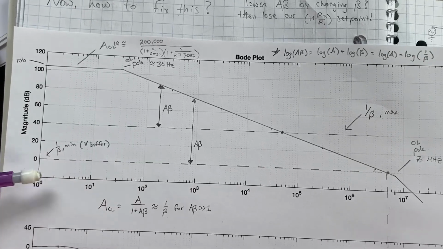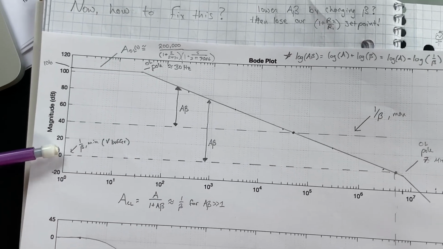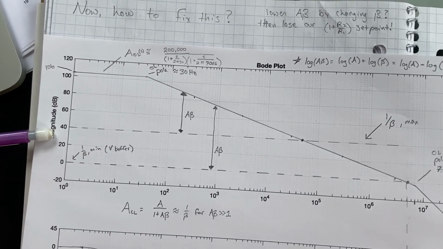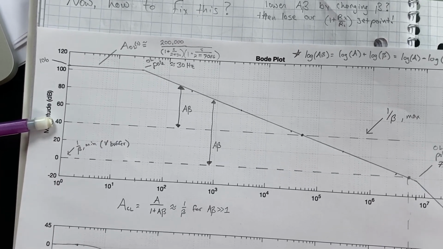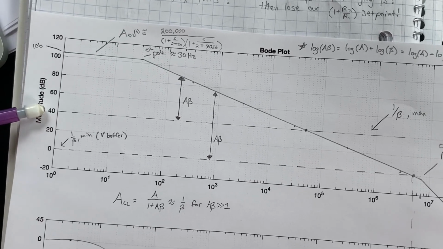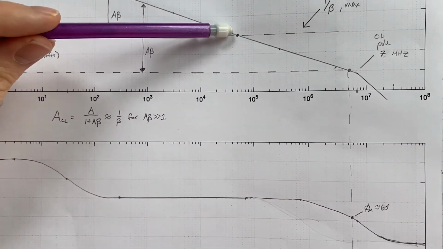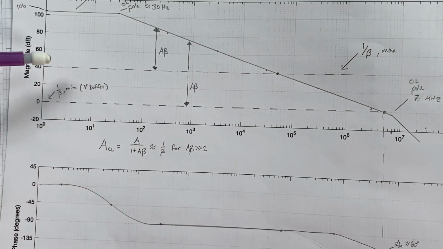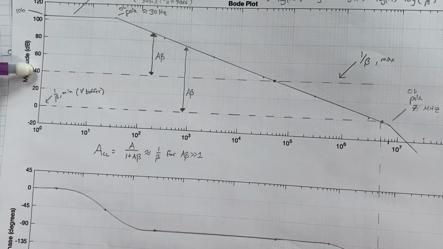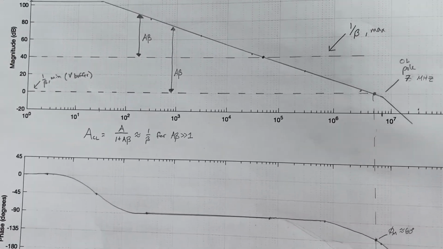Well, if we want our gain of say 1 in our voltage follower, lowering A beta by just changing the resistor values to lower beta, then let's say here's a lower A beta, we'll cross over 0 dB earlier, have a better phase margin, but now our DC gain is 100. And if we want to still have a gain of 1, we need to do something else.